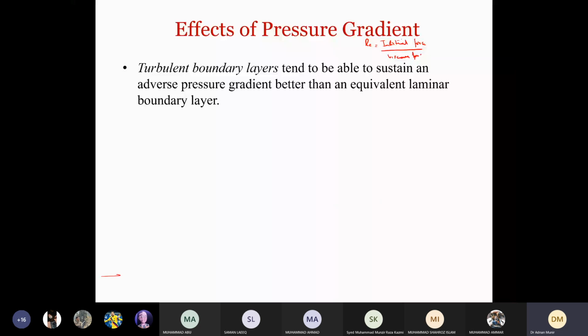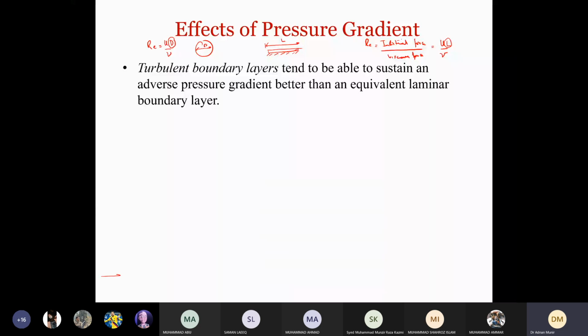Mathematically, in the case of a flat plate which has length L, it is given by UL over kinematic viscosity. And for a circular cylinder which has diameter D, it is given by Re equals UD over mu. So the characteristic length in the case of the circular cylinder is the diameter. In the case of a flat plate, the characteristic length is the length L of the flat plate.